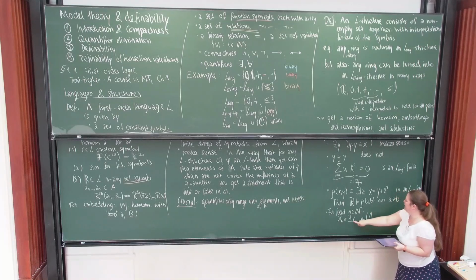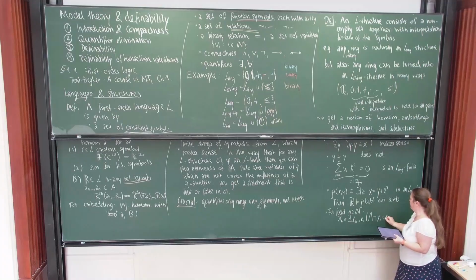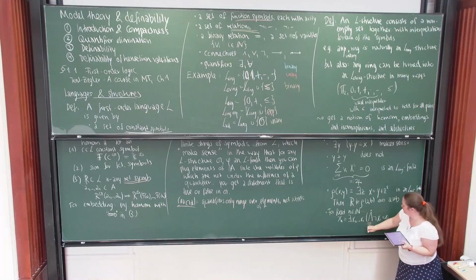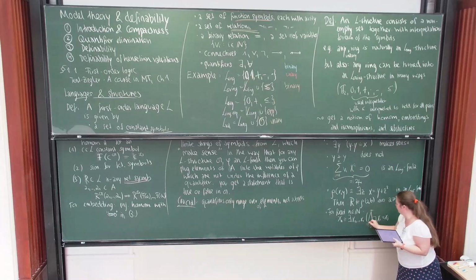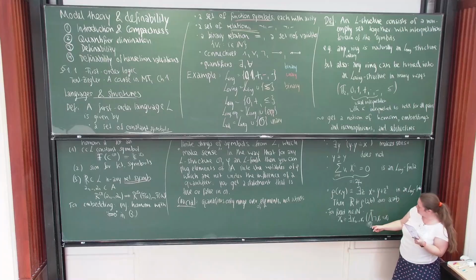Okay, I want to say each of these, they're pairwise different. So not xi is equal to xj. I guess I should just write i not equal to j. So this now tells me I have at least n many elements.